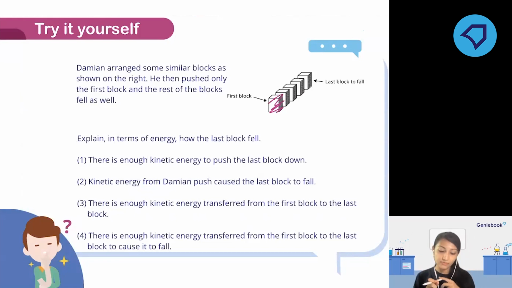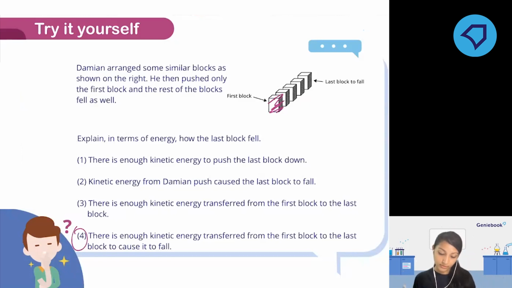Okay, so explain in terms of energy how the last block fell. Which option do you think will be the best explanation? Do you need me to explain why the answer is 4? The reason why 4 is the best answer is because the description is, first of all, detailed, and it also helps to link back to the evidence. Remember the CER?